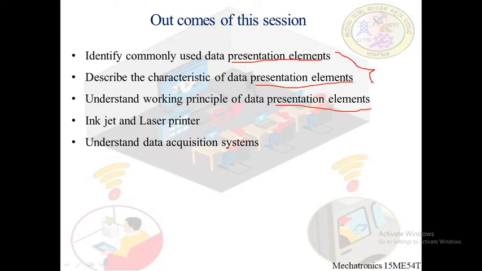We are presently associated with the printers. We already saw dot matrix printer in detail. In this class we will be seeing inkjet and laser printers. They are called non-impact type printers, both of them. We are going to have a simple understanding at the last on the data acquisition systems.